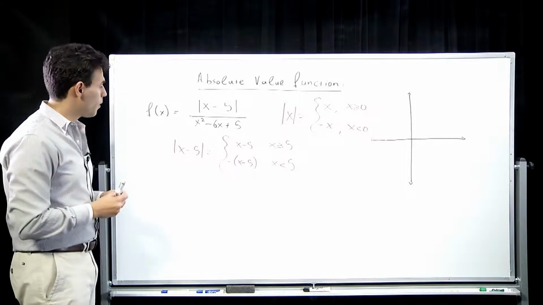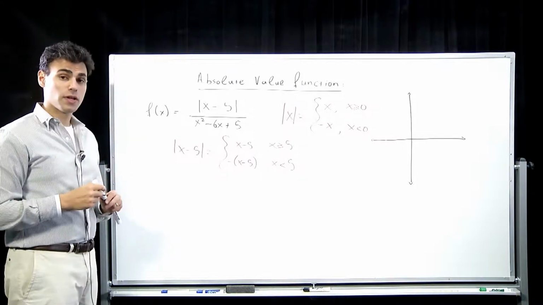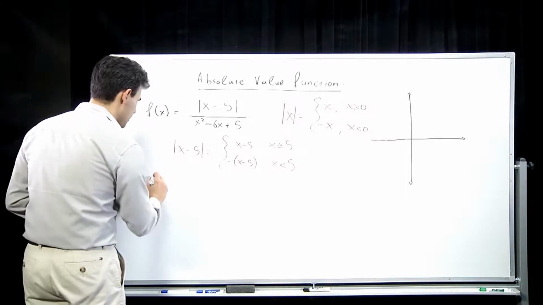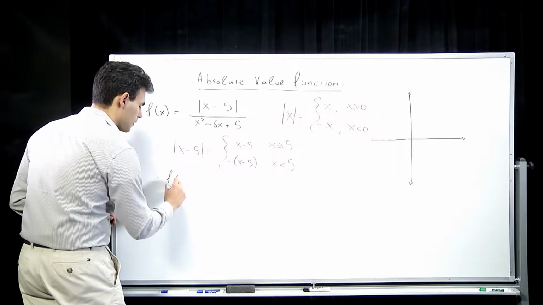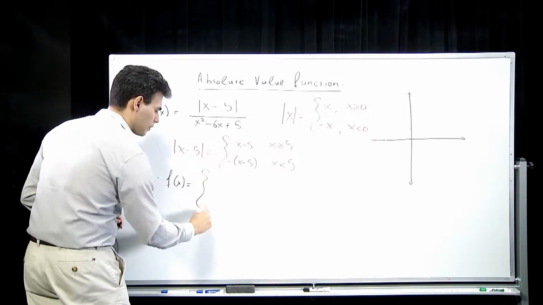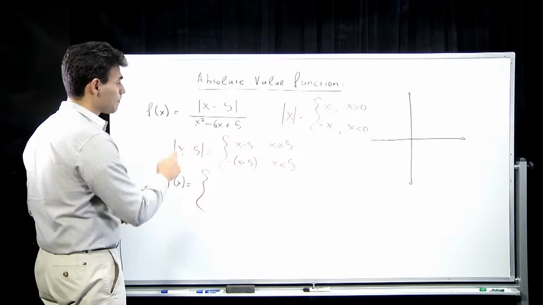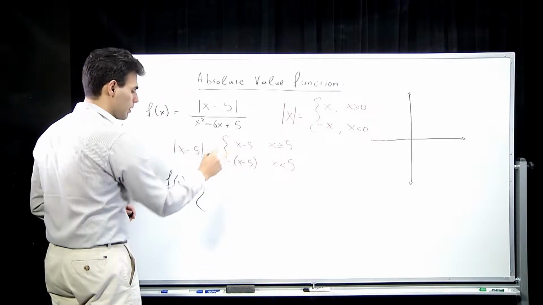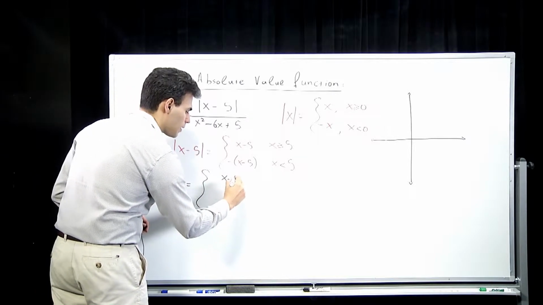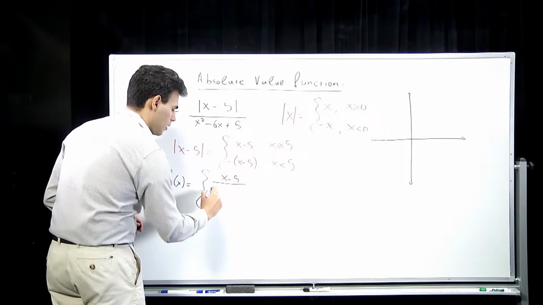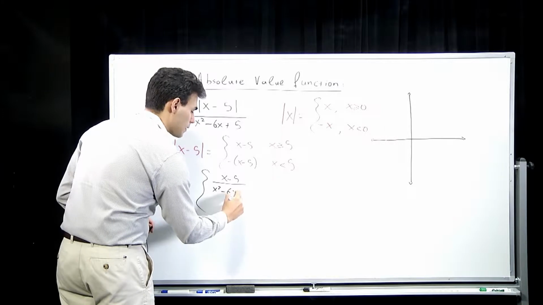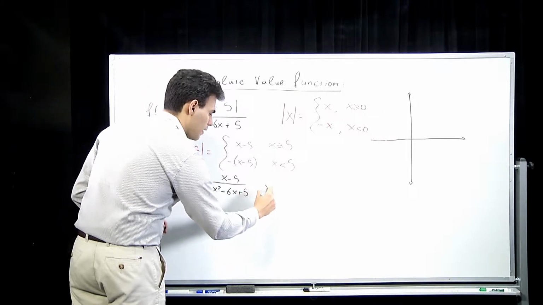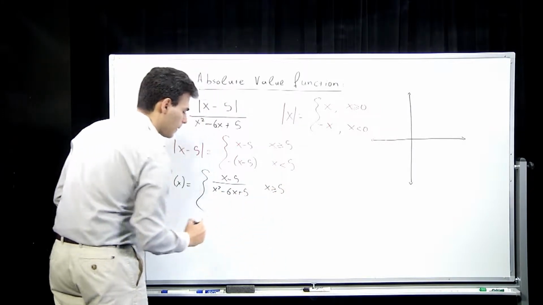All right? Therefore, this function f of x can change using the absolute value as follows. f of x equals, it's going to become a piecewise function as we call it. If x is greater than 5, I can replace the numerator with this, so the fraction becomes x minus 5 all over x squared minus 6x plus 5, and this is if x is greater than 5.